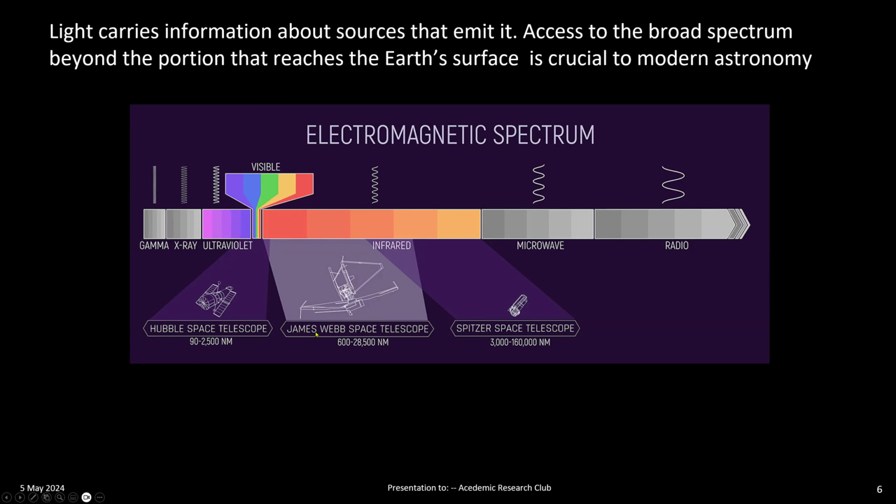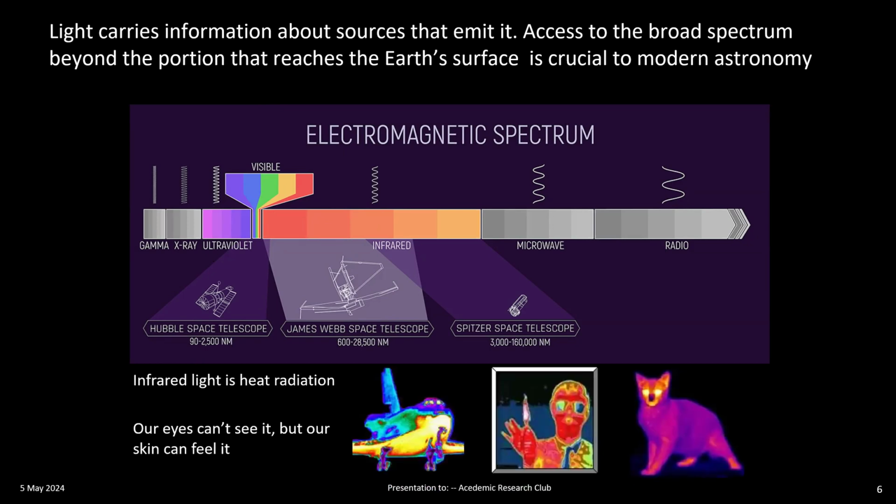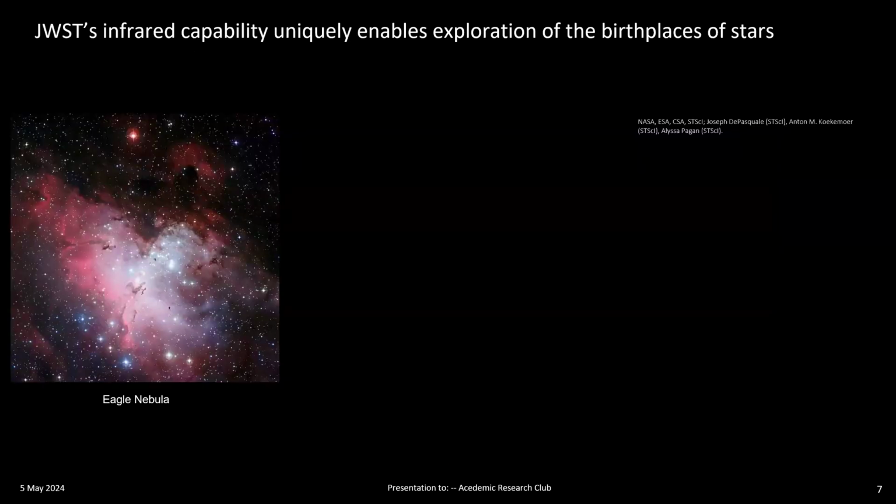In contrast to that, the Webb telescope is designed to operate in the infrared and mid-infrared spectrum, in part to see those first galaxies. So infrared light is heat radiation, and the Webb telescope is optimized to see that light.